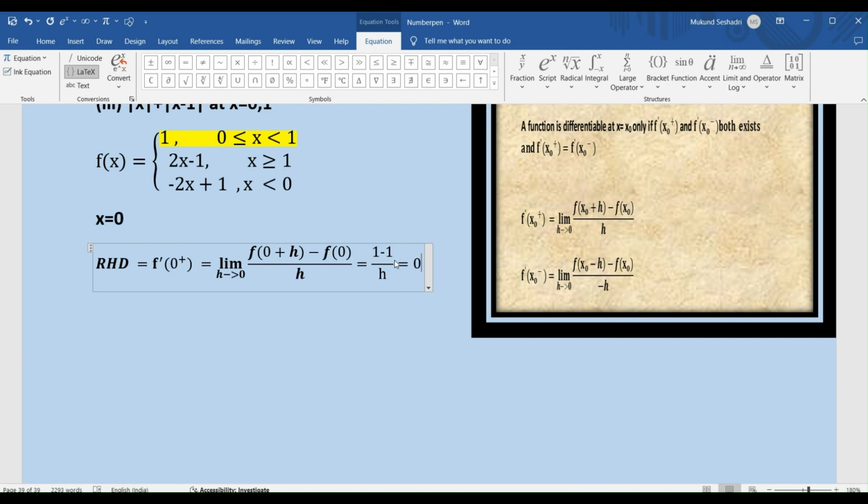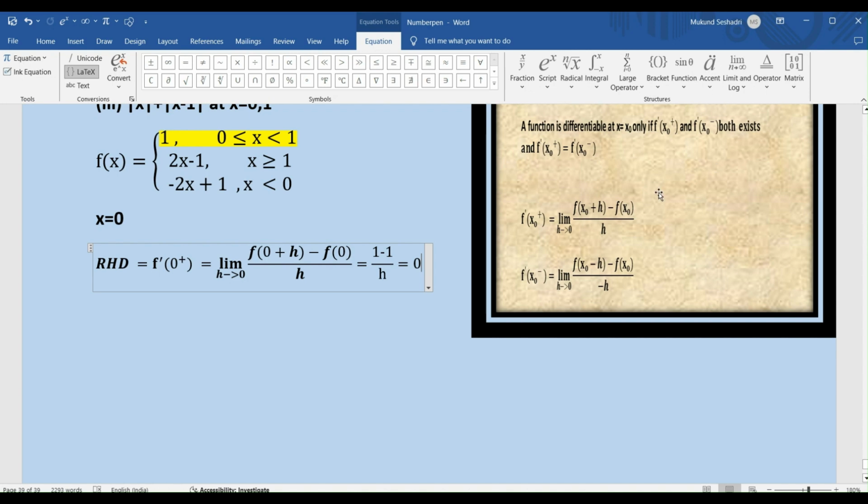Because your numerator is an exact 0, your denominator is not an exact 0, it is a value which is tending to 0. So do not worry about substituting h equal to 0 in this equation, because 0 divided by any number which is not equal to 0 is equal to 0, right? So h being very small, it is not exactly 0. So remember that, folks. And all that we get is 0, right?